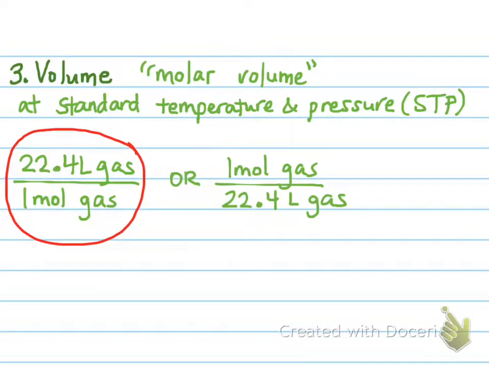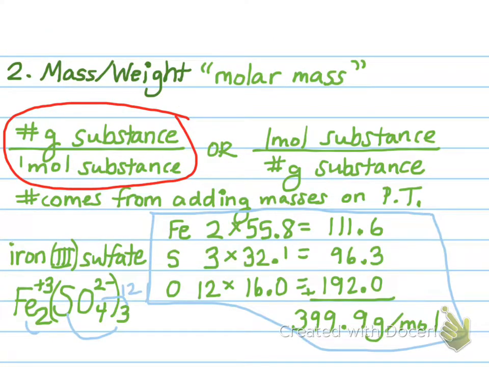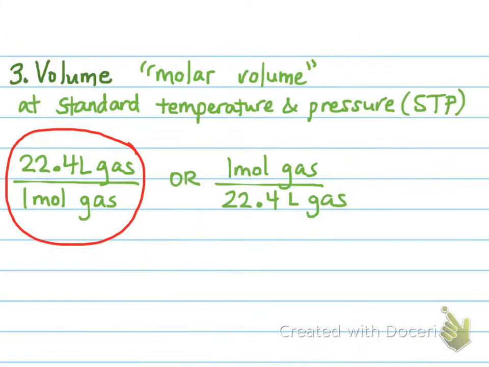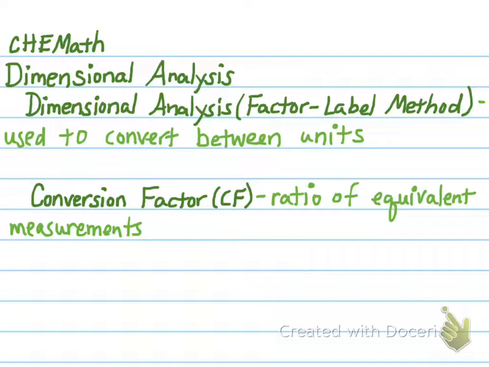All of these circled in red, these are conversion factors. Okay, so molar volume is a conversion factor. Molar mass is a conversion factor. These three tools with Avogadro's number in them, they are conversion factors. They are equivalent measurements or equivalent amounts. The advantage of using conversion factors is that conversion factors are equal to 1. So it's like multiplying something by 1.